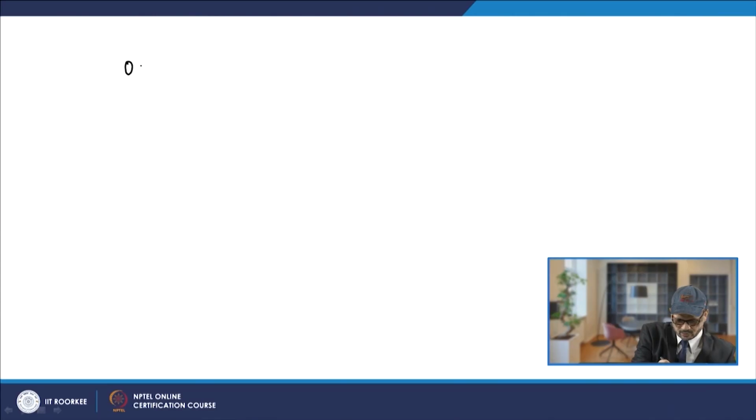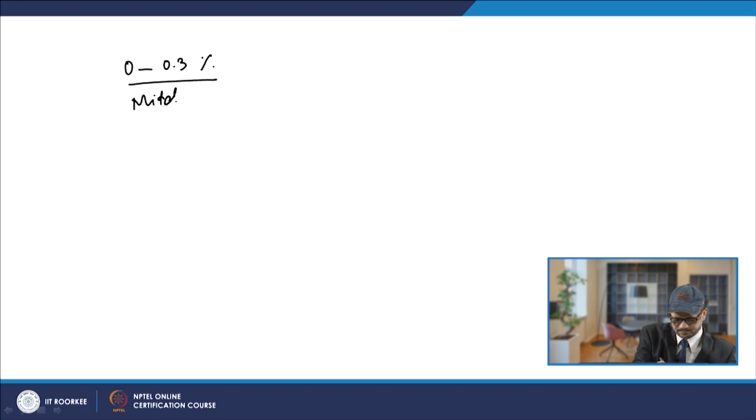And as discussed, depending upon the carbon percentage, you will have different usages of steel. When you come to a carbon percentage of, say, 0.0 to 0.3%, it is normally known as mild steel.